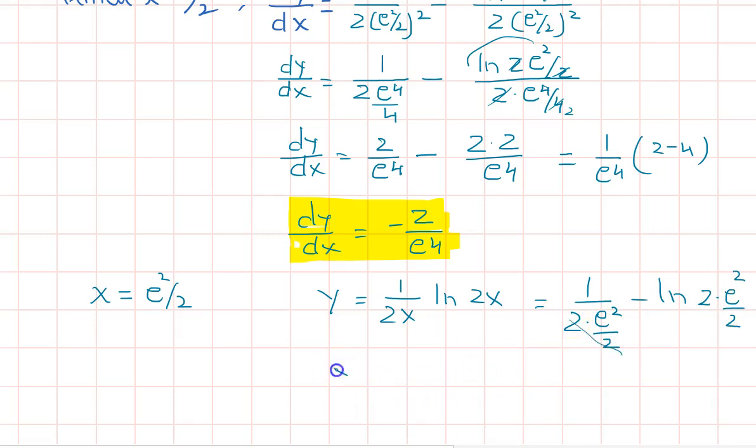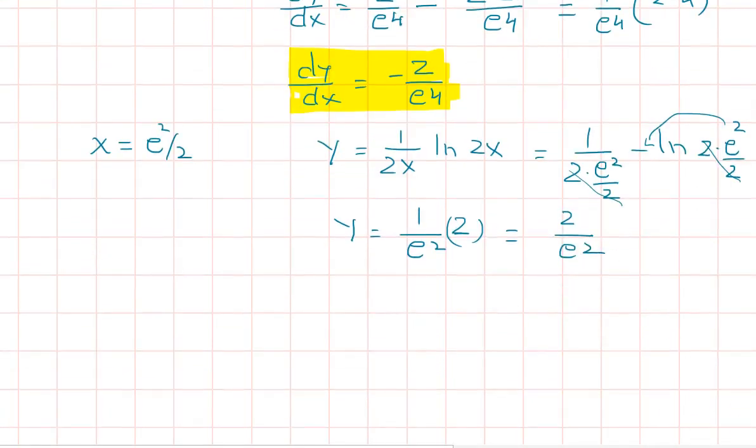This 2 and 2 cancel, so y will be 1 over e squared minus, ln e will become 1, and this 2 will come here, so this will be multiplied by 2. So y will be 2 over e squared. Now we can write the equation y minus y1.